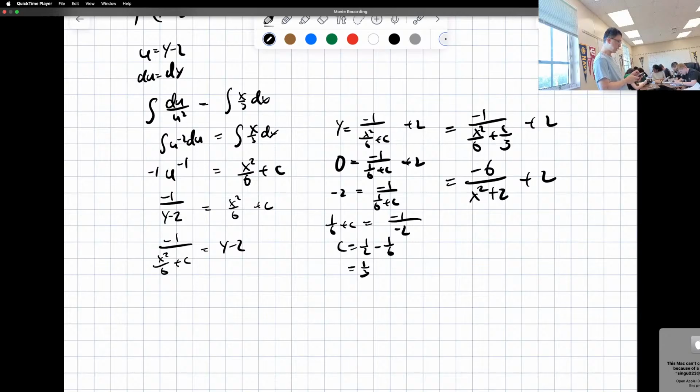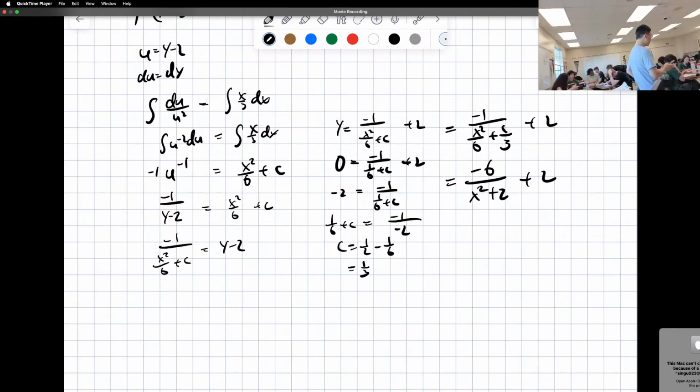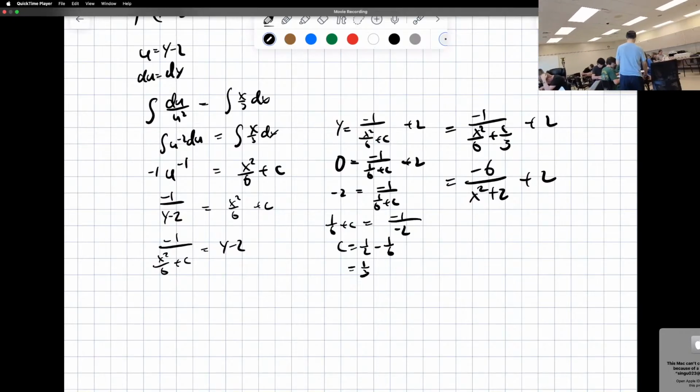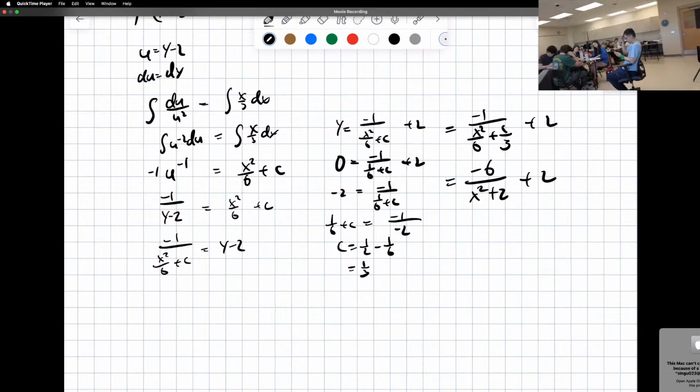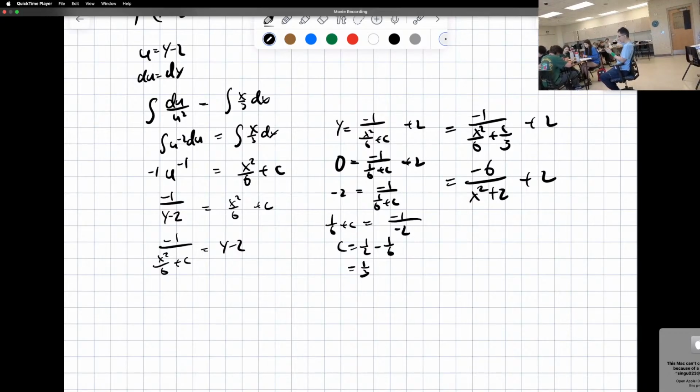Number one is D, number two is B. Number three is B. Number four is E. Five is D. Why is it E or D? E. Six is B. Seven is C. Eight is D. Nine is D. 10 is A.